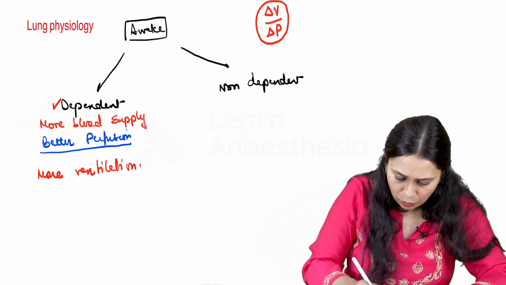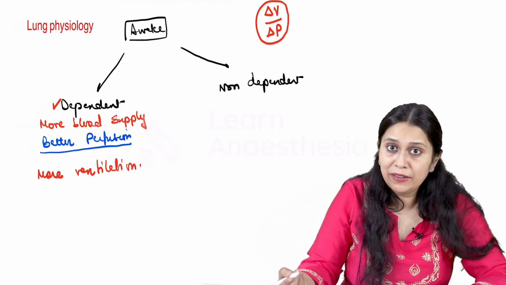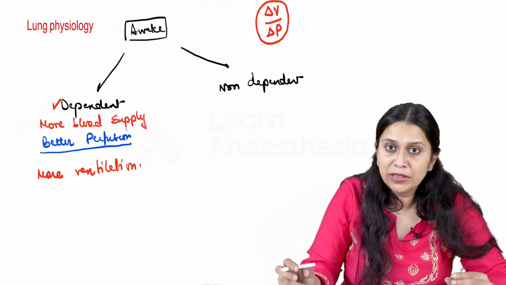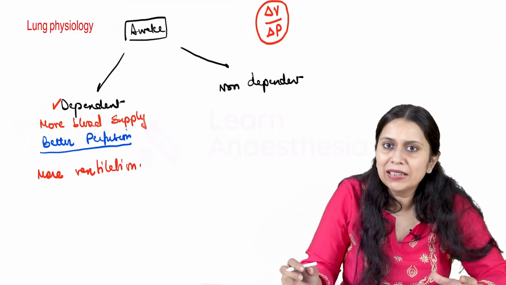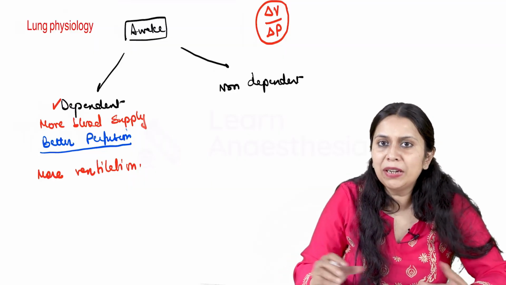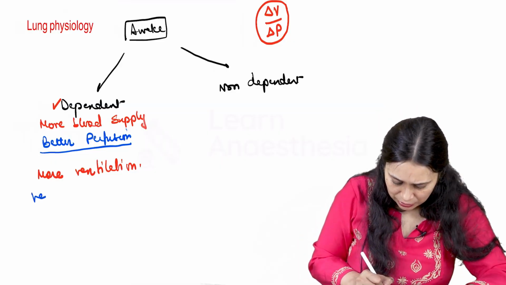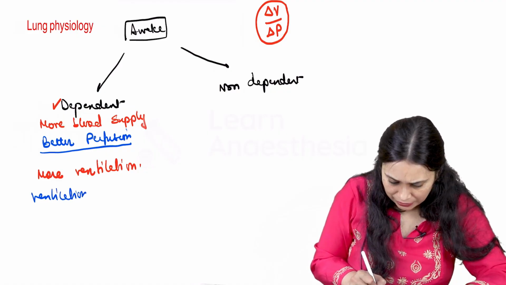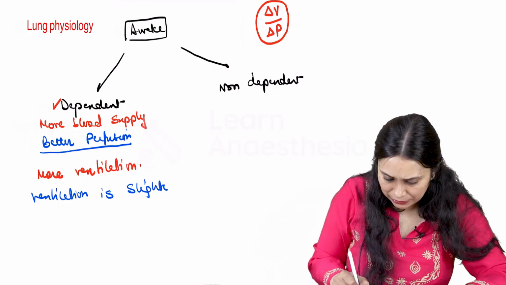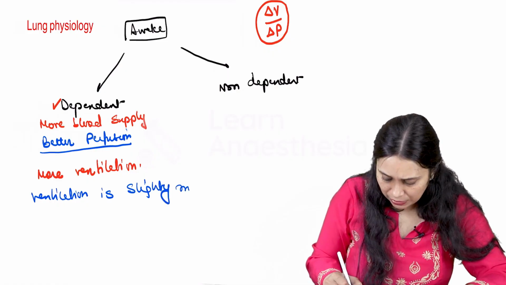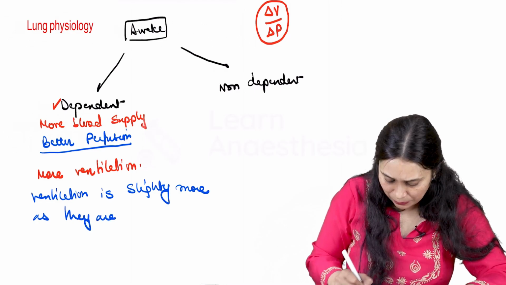right? Why this more ventilation? Because they are slightly compressed. They are compressed, so there is not adequate air in it. There are atelectatic segments. Once the atelectatic segment opens, a little pressure would increase more of the volume. So ventilation is slightly more, as they are compressed.